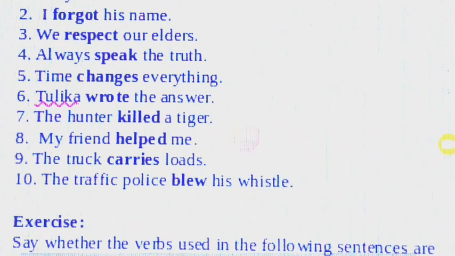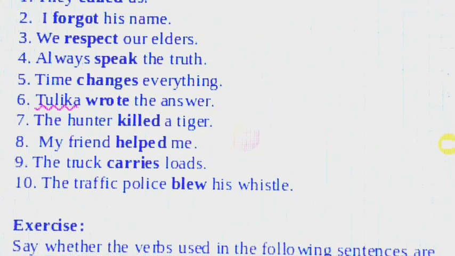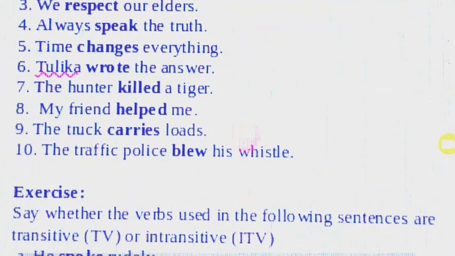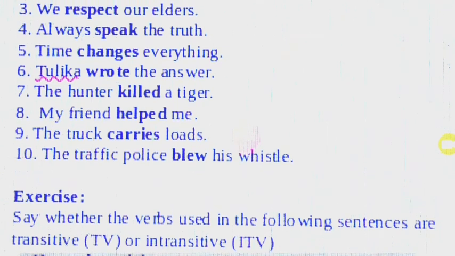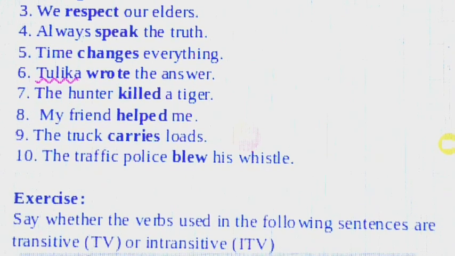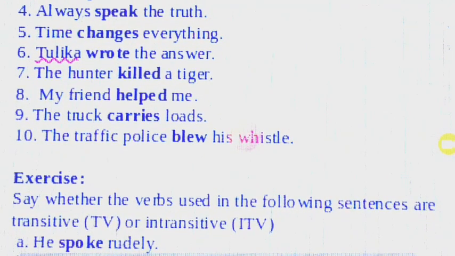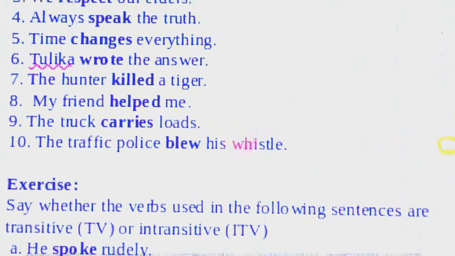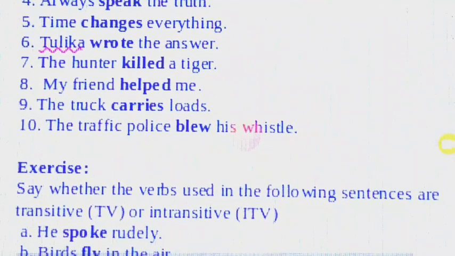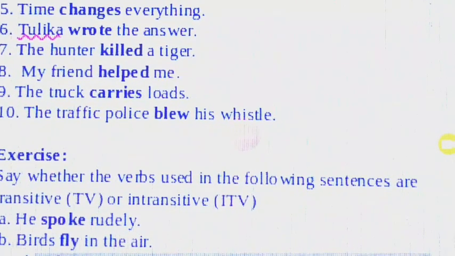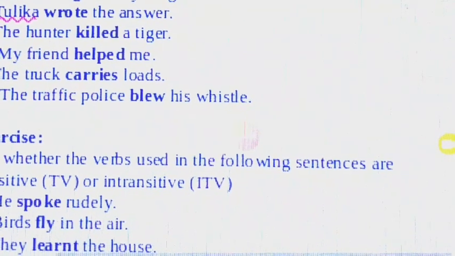My friend helped me. My friend is the subject, helped is the transitive verb, and me is the object. The truck carries loads. The truck is the subject, carries is the transitive verb, and loads is the object. The traffic police blew his whistle. The traffic police is the subject, blew is the transitive verb, his whistle is the object.